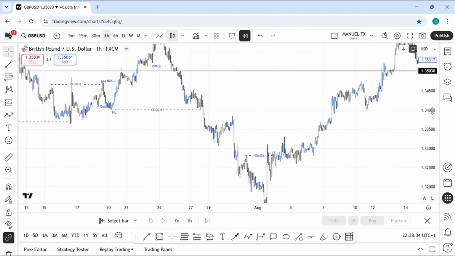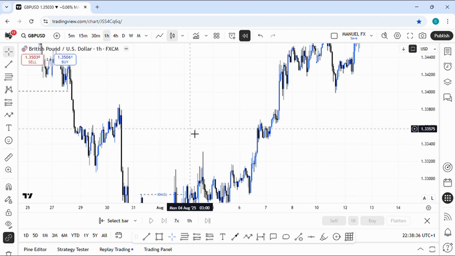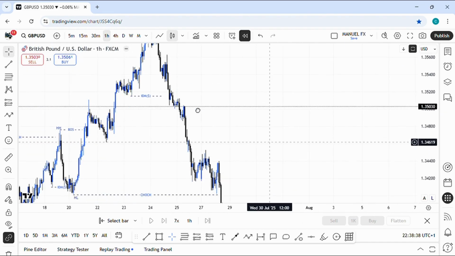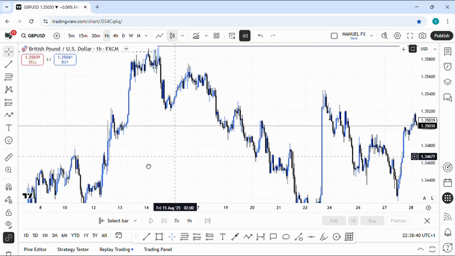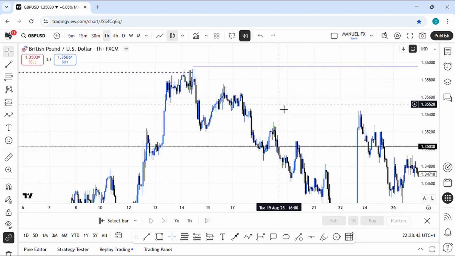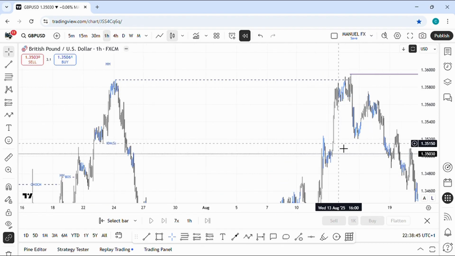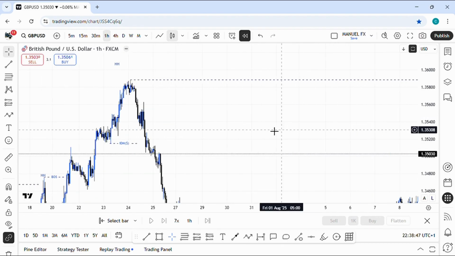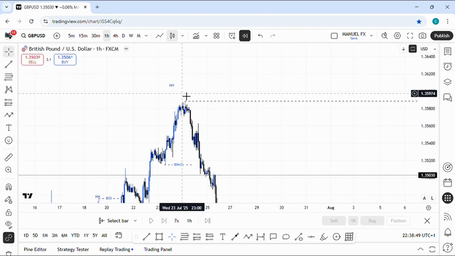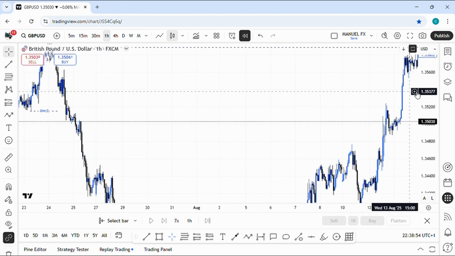This is how to move through time frames. Same thing over and over again.